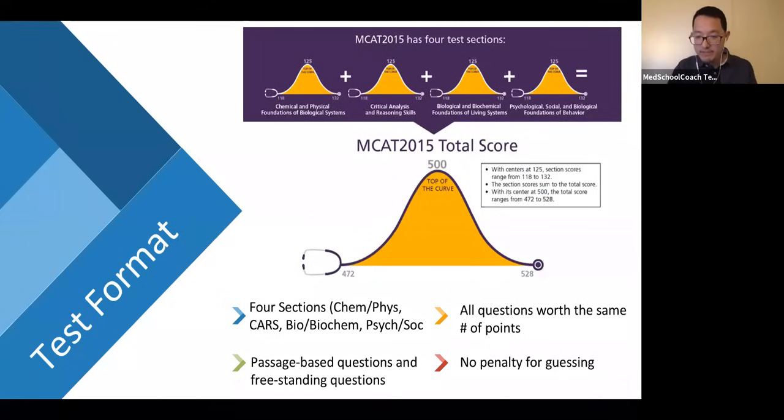And the MCAT is scored between 472 to 528. 500 is an average score, and of course, the higher the score you can get, the better your chances of getting into medical school. And down here on the bottom, just some small details worth noting. The MCAT has both passage-based and freestanding questions. Every question is worth the same amount of points, and there is no guessing penalty on the exam.